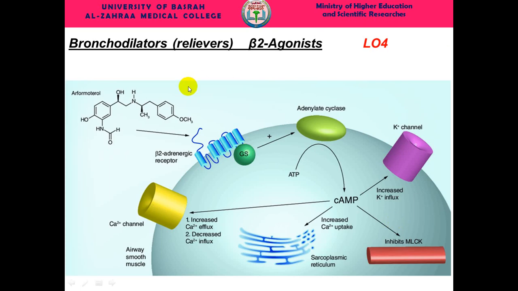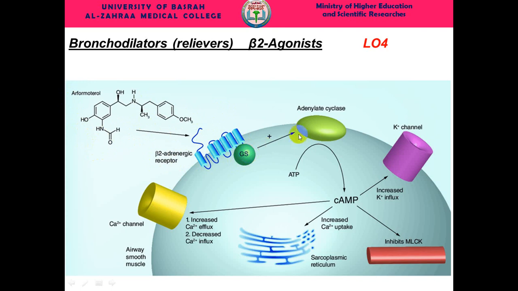So what is the mechanism of action of bronchodilators, or the relievers, the beta-2 agonists? As I said, there are abundant beta-2 receptors in the bronchial wall of the bronchi. Here we have one of the beta-2 agonists. It will act on these receptors, and these receptors will stimulate the Gs protein.